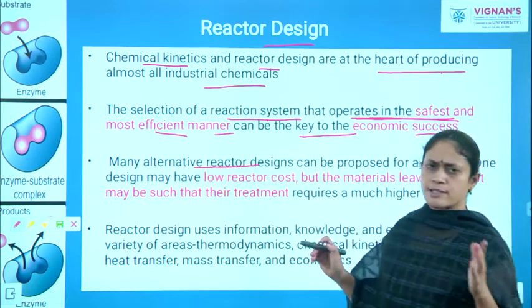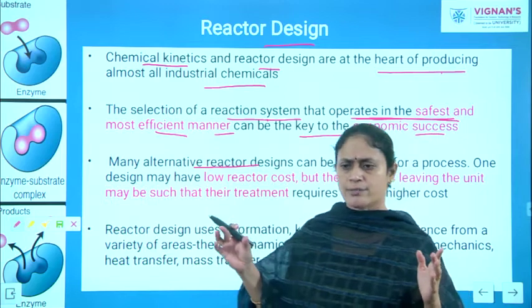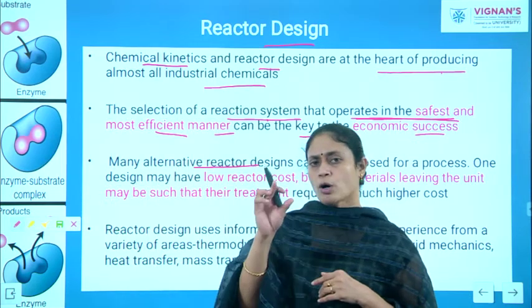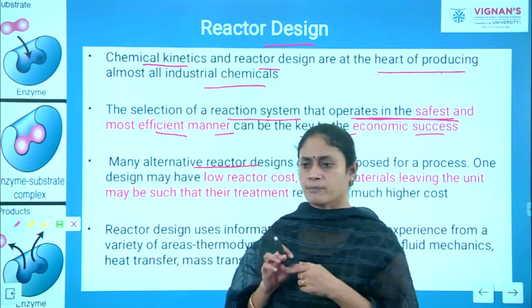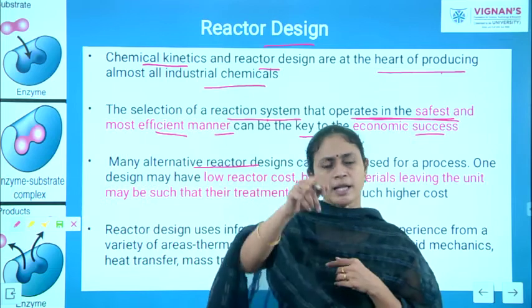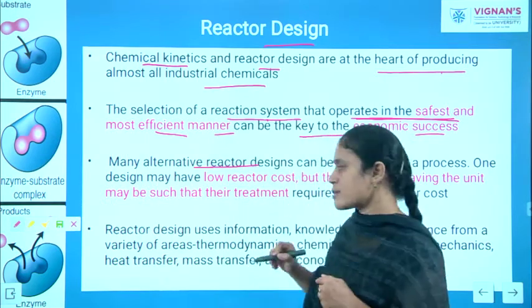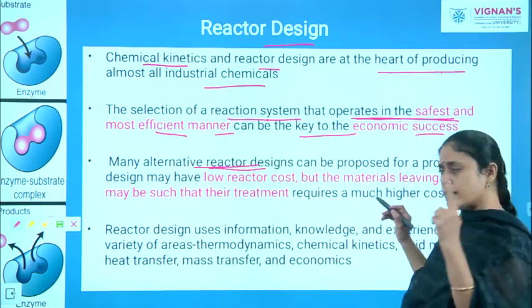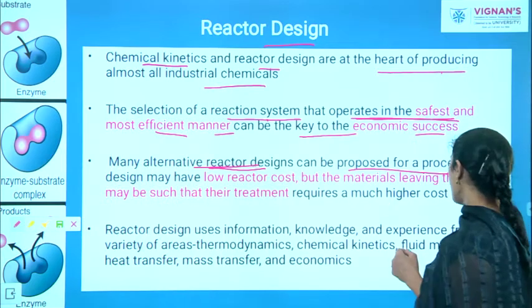Many alternative reactor designs are present. We can design a number of reactors for the same process, but you have to choose the economical one. You have to select the particular design which is more economical for your process. So there are a number of alternative reactor designs proposed for a process.